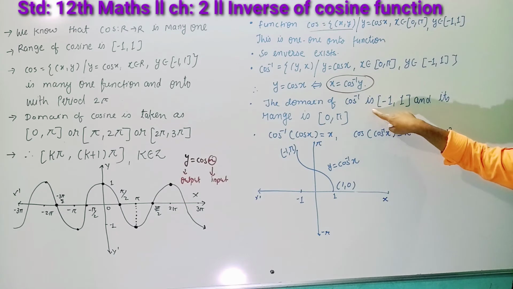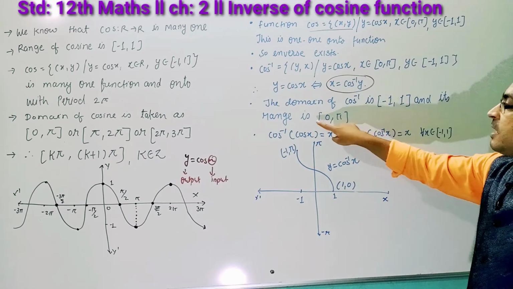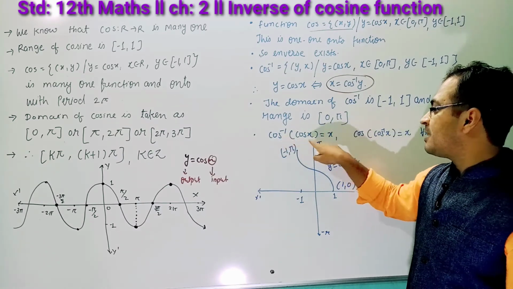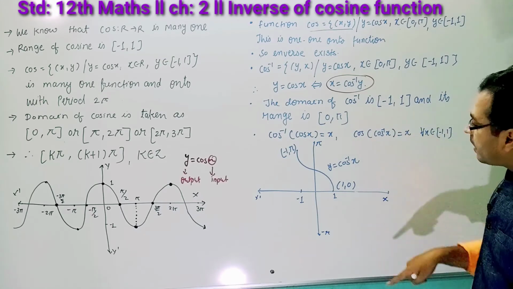So the domain of cos inverse will be minus 1 to 1 and its range will be 0 to pi. So we know that cos inverse cos x is equal to x, and cos of cos inverse x is again x.